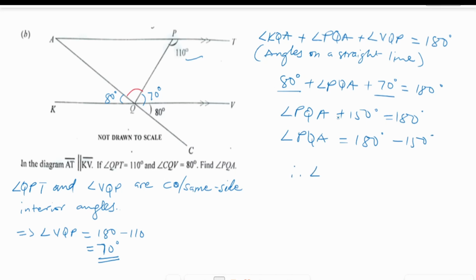Therefore, angle PQA will be equal to 180 minus 150, which is 30 degrees. And I'm just showing how we got the answer, but if not, by looking at this, I would say, what do we need to put here to make 180? And that will be 30.